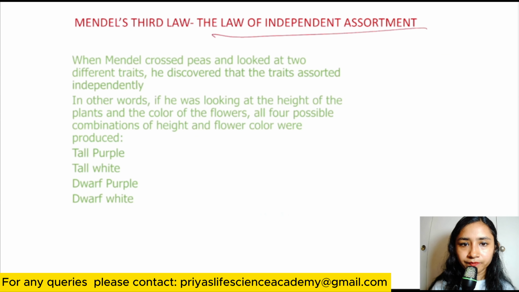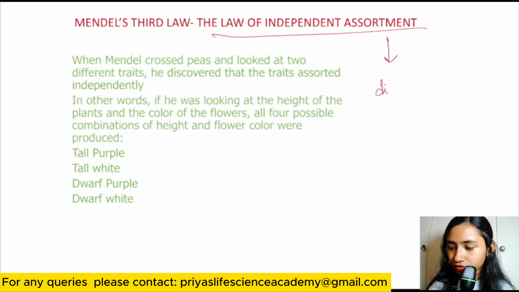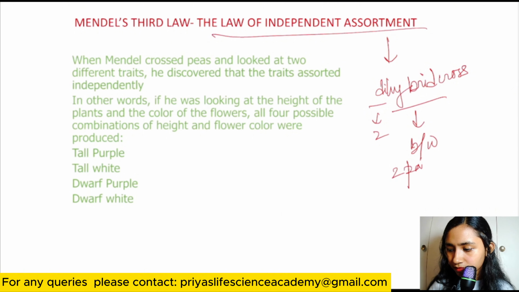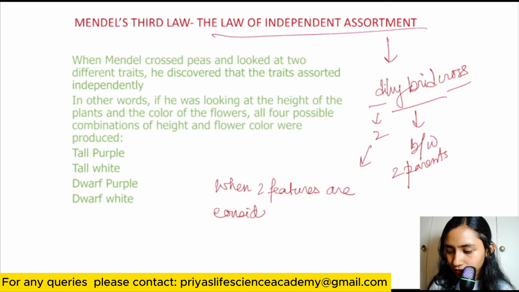And the law of segregation will be between dihybrid cross. So I hope you understood what is di. Di means two. Hybrid means between two parents. And cross means fertilization. Di means when two features are considered.